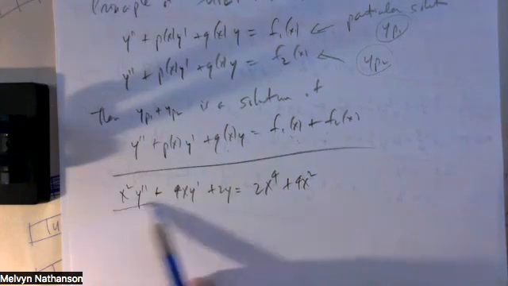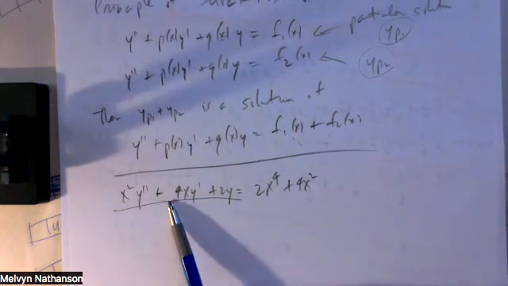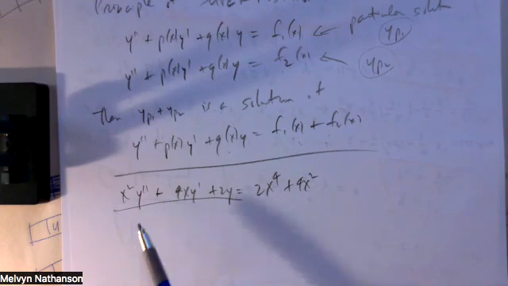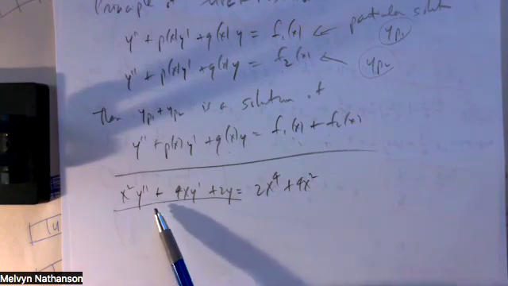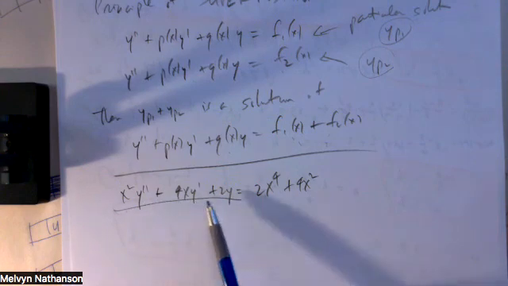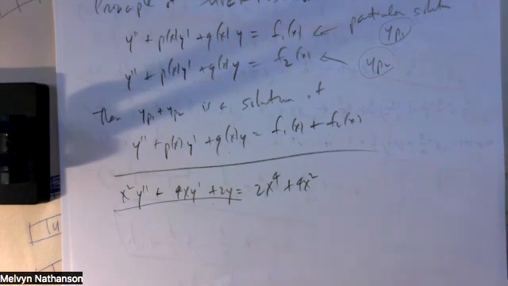So here we have our second order expression. That's this linear second order left-hand side. Something times y double prime, and y. And the right side is a sum of two functions.